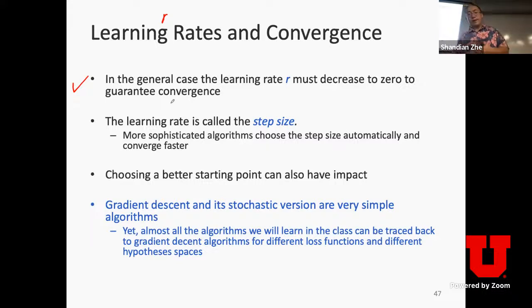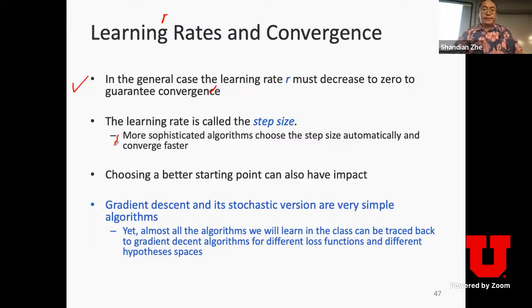That's why theoretically you should schedule the learning rate R to be decaying and converge to 0 in the limit. Right? And this learning rate in some other scenarios is also called step size. There are a bunch of sophisticated algorithms to help you choose the step size automatically and make your convergence faster.